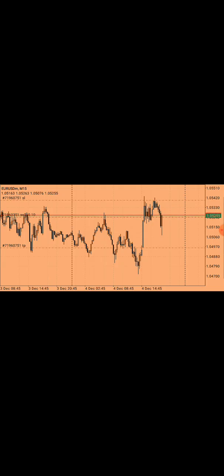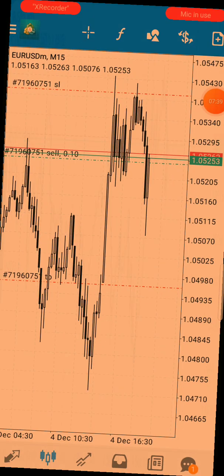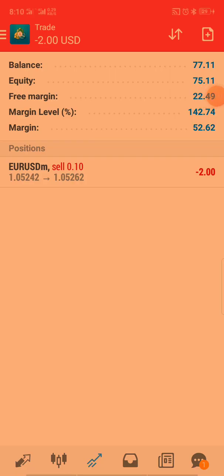If it pans out and takes me to my TP, I will see how much I'm going to make from this trade. Then if it takes me out of this trade, how much I'm going to lose. Right now my risk on this trade is 15 pips, and I use a mini lot size here. So if this trade comes against me right now, I'm going to lose $15, right?